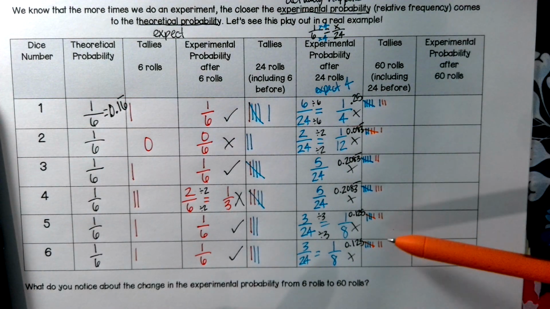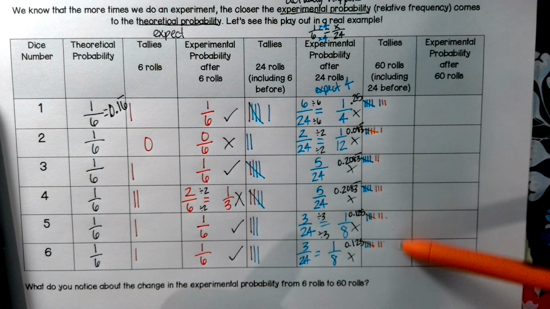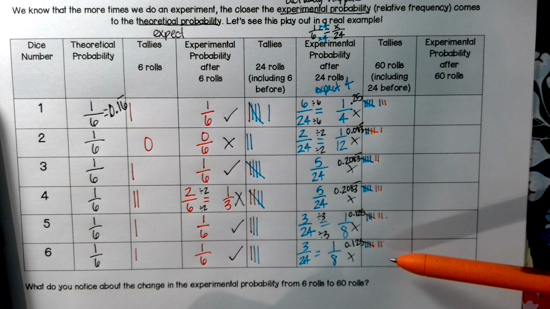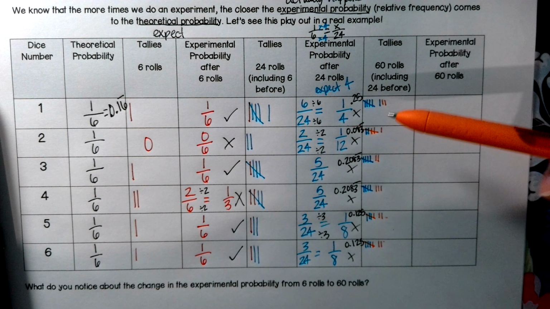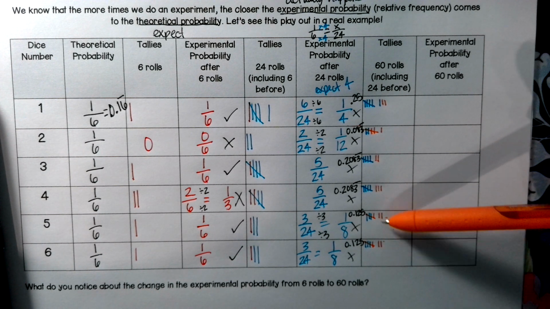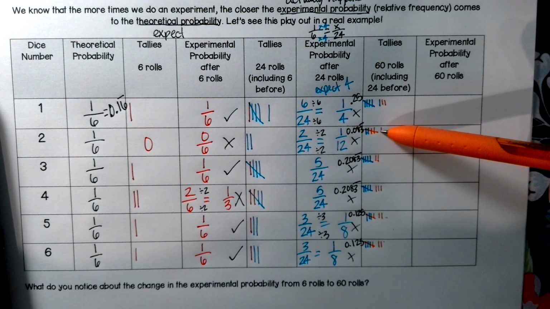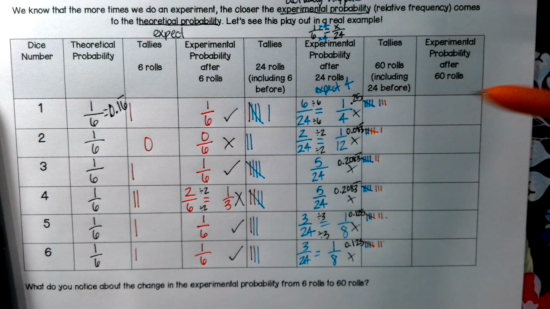So right now, if you look, all 4 of these are even. This is one less, this is one more. Do you see how they're starting to even out? And now I just realized I forgot how many rolls I'd done. 5, 10, 15, 20, 25, 30, 32, 34, 37, 38, 39, 40, 41, 42, 43.